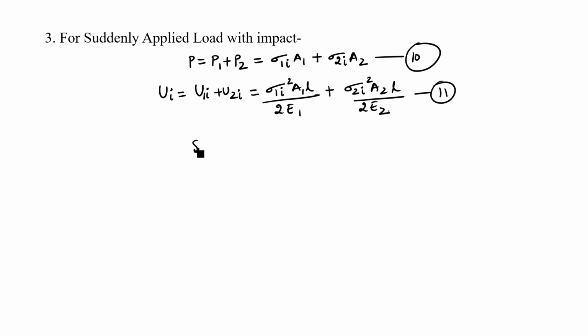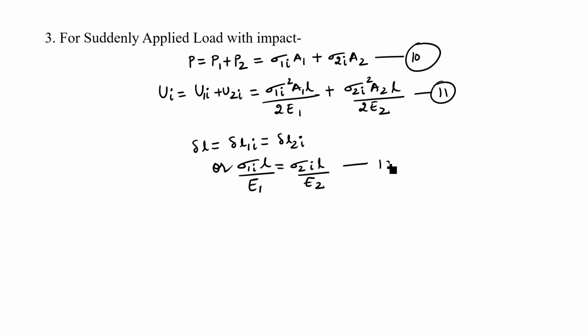And then I talk about change in length. So I'll have delta L will be delta L1I, which will be equal to delta L2I. This can also be written as sigma 1I L upon E1 is equal to sigma 2I L upon E2.